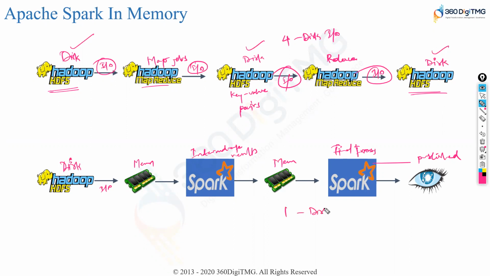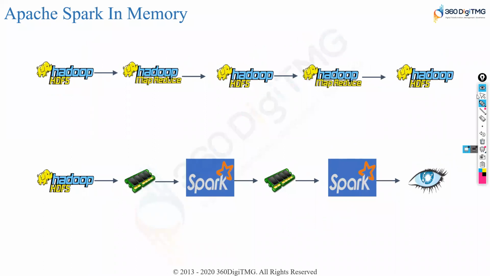One disk IO, maximum you can think of having 2 disk IOs: one here and one here if you want to store the data. Because I don't have discrete write operations, the entire flow becomes much quicker.